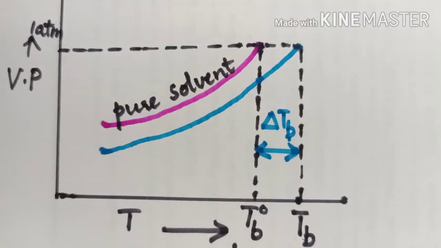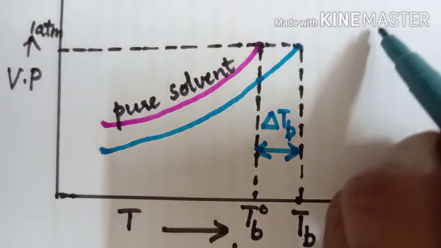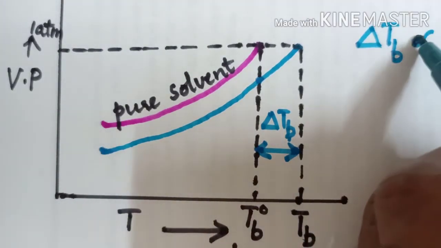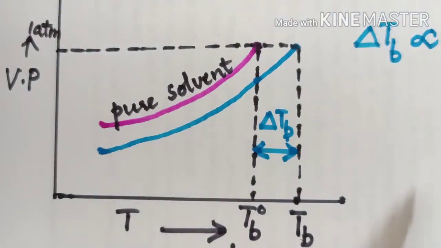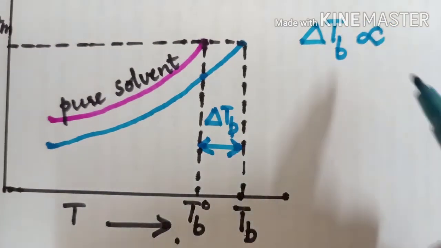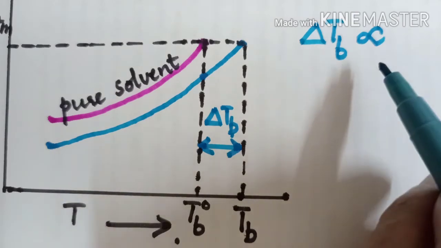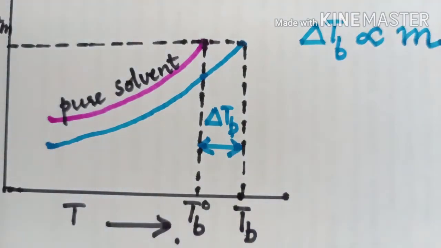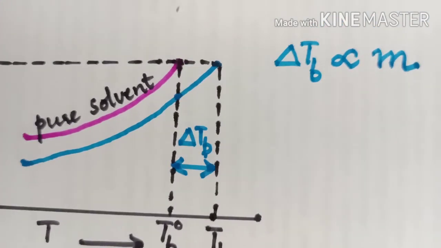Now, how is it related? So, mathematically speaking, you can say that delta TB is proportional to the amount of solute that is added in the solvent. So you find that it is proportional to the concentration of the solution, and it is given in molality.